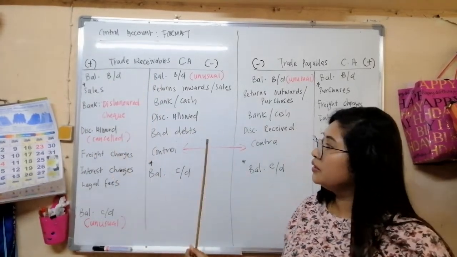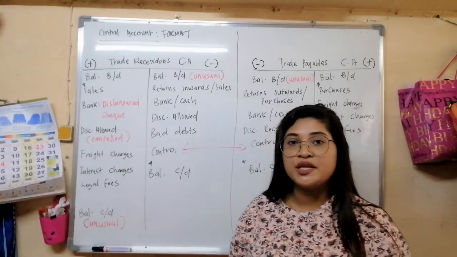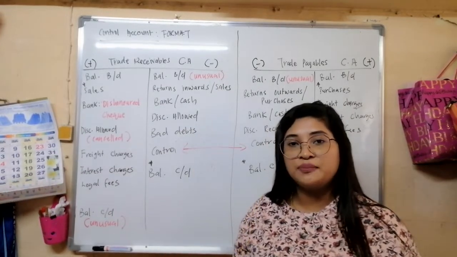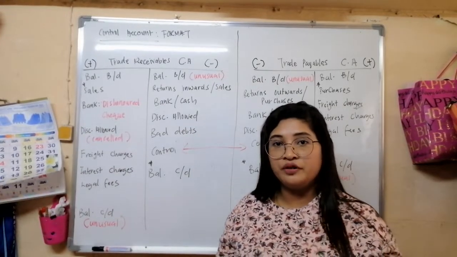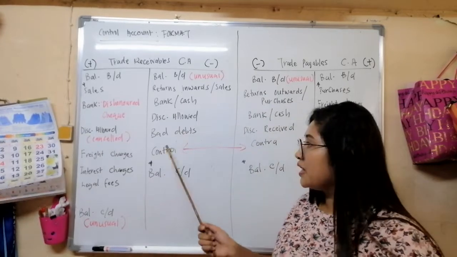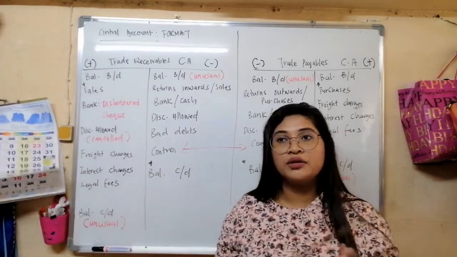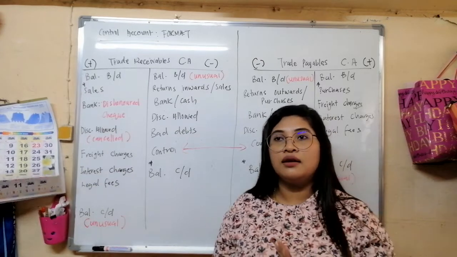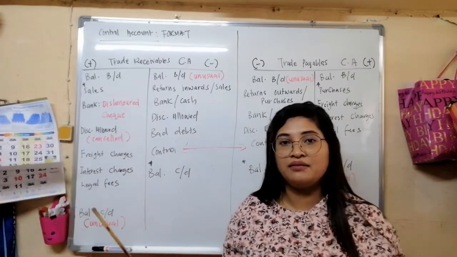Okay, the fourth one is bad debts. I did explain what bad debts are in my previous video. So bad debts is actually when the receivable seriously cannot pay their debts to us.